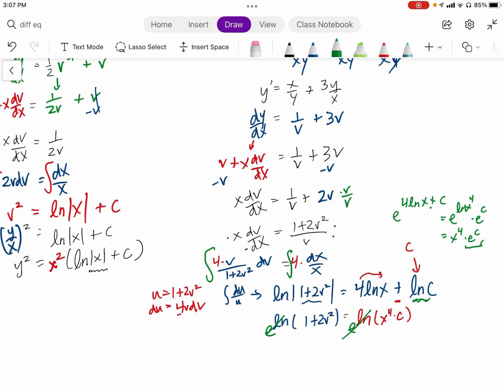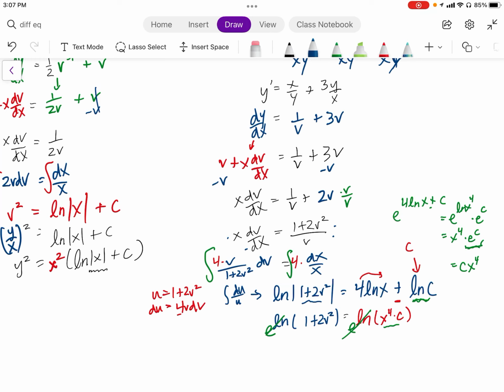Here I chose ln c, here I have e to the c. No matter what you do, it's some new constant times x to the fourth. Okay, it results in the same way. It's just often people try to cancel that e and just have x to the fourth plus c, but that's not true. It's x to the fourth times c. Okay? All right. Sorry for that side note. I think it's a pretty cool trick, worth mentioning briefly.